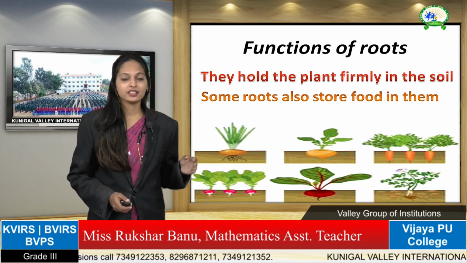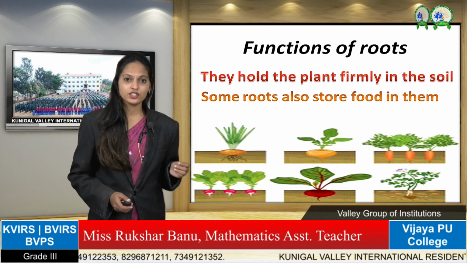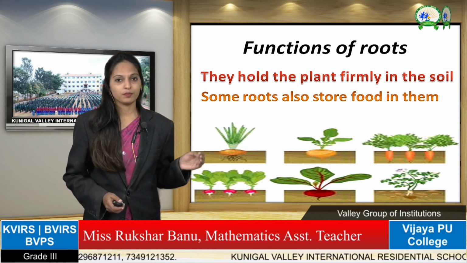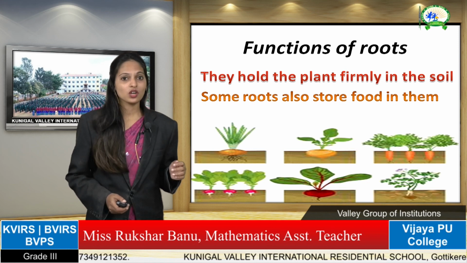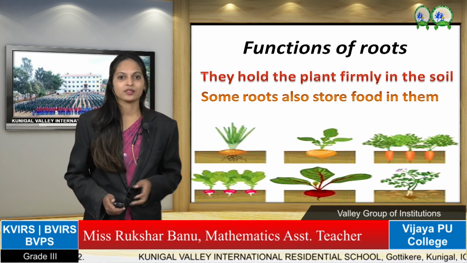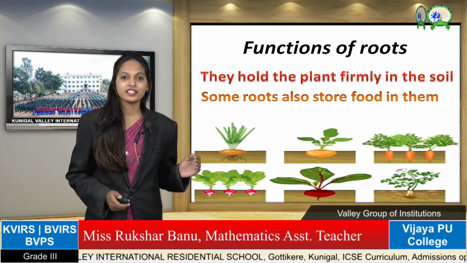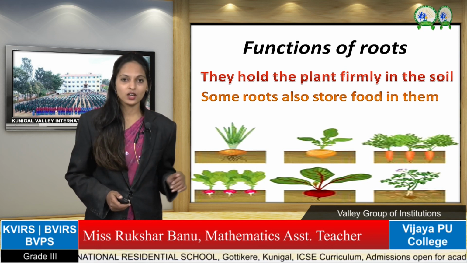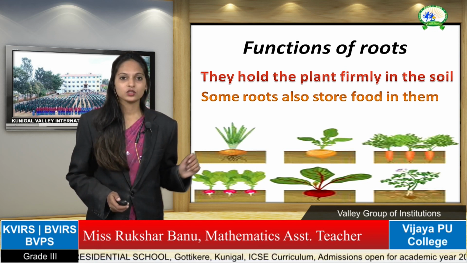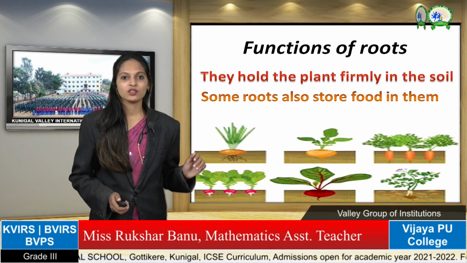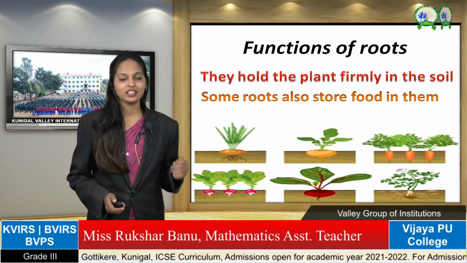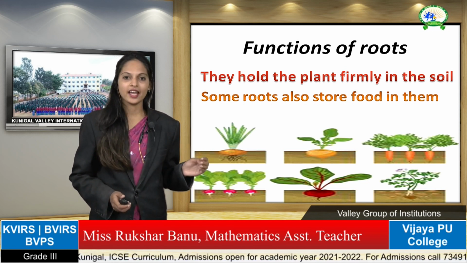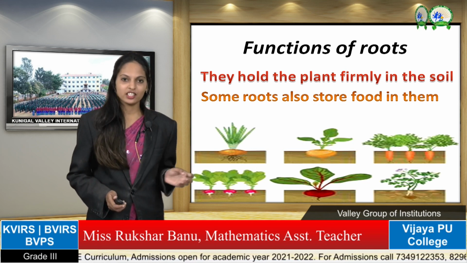For example, carrot plant, radish plant and turnip plant are plants that store extra food in the roots. You all know that carrot, radish and turnip grow under the ground. So in these vegetables, we eat the roots. These roots are carrot, turnip, radish, etc.